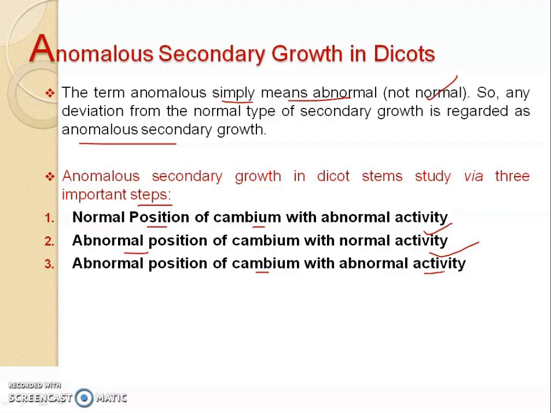But in case of abnormal activity, some unusual or abnormal structures are formed after the secondary growth. So this is the difference between the normal and the abnormal activity.